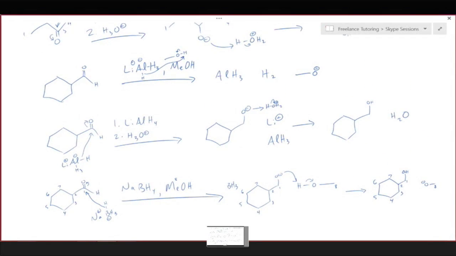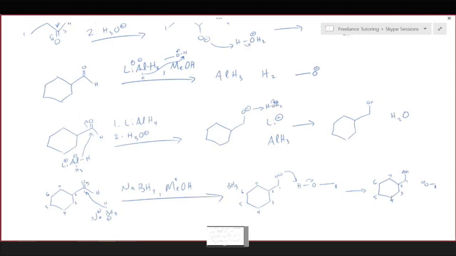So what was the solvent with the sodium borohydride? It was methyl alcohol. Yeah, it's called methanol. Methanol, or methyl alcohol.